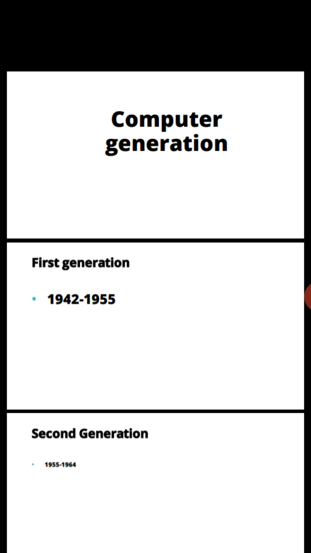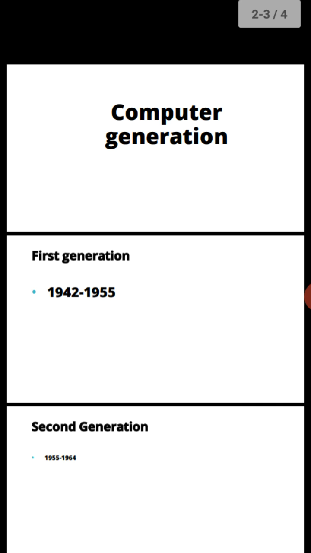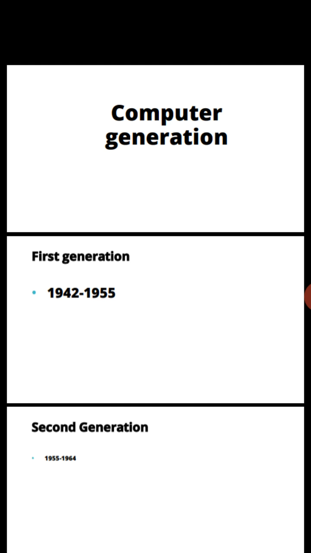Originally, the term generation was used to distinguish between varying hardware technology, but it has been extended to include both hardware and software that together make up a computer system.